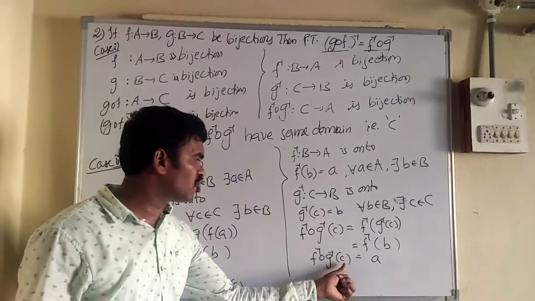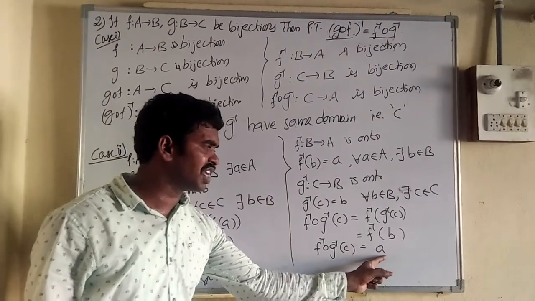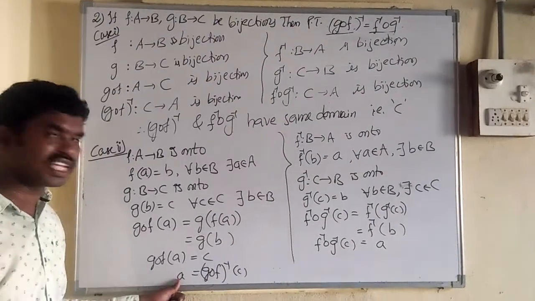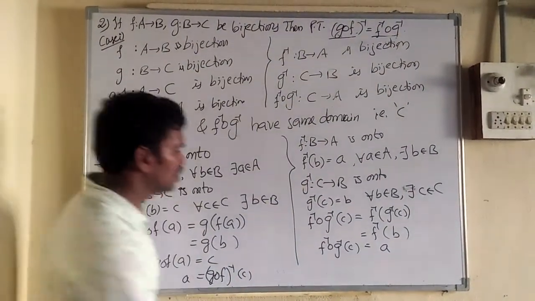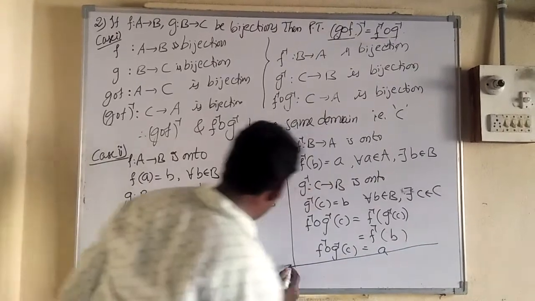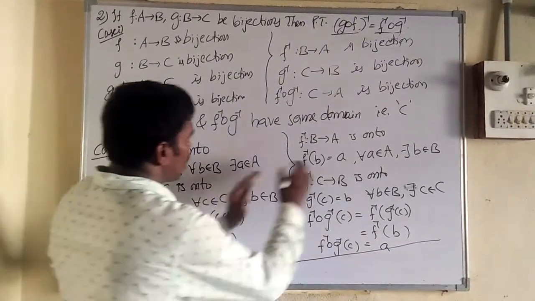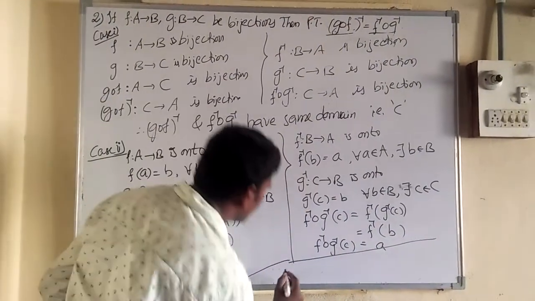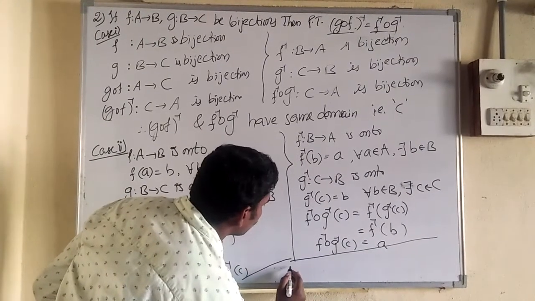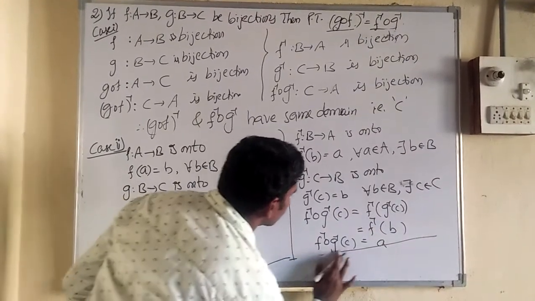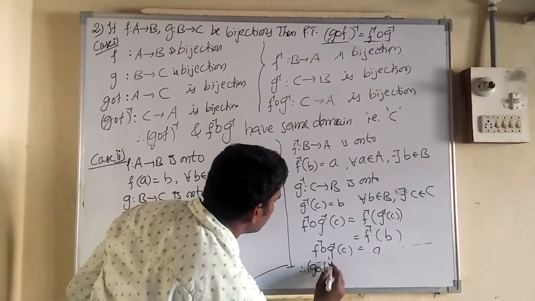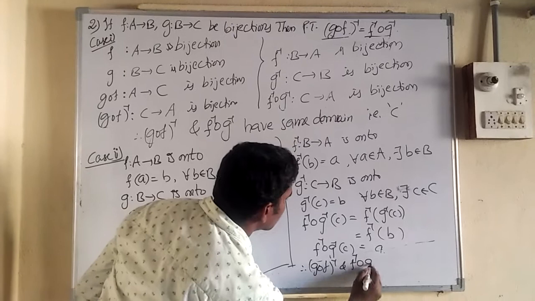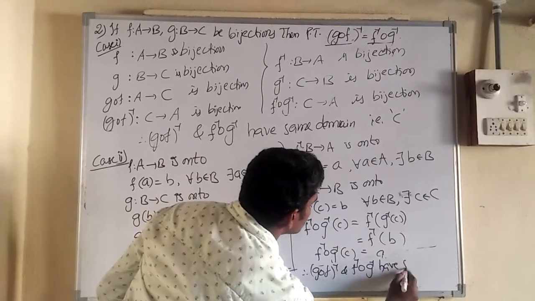So here at domain C, the range is A. At domain C, the range is A. From both we can say that it has the same range. Therefore, G circle F whole inverse and F inverse circle G inverse have the same range.